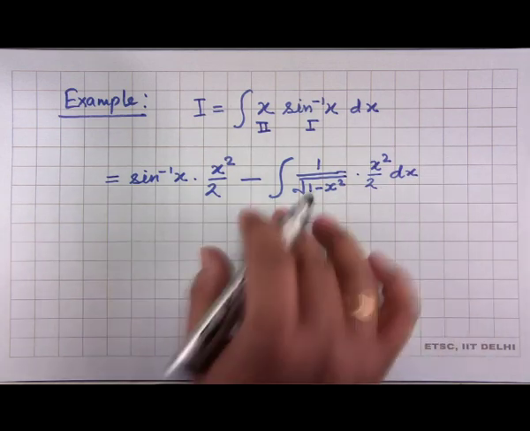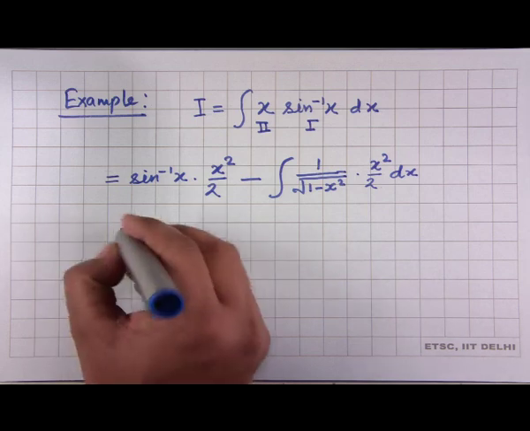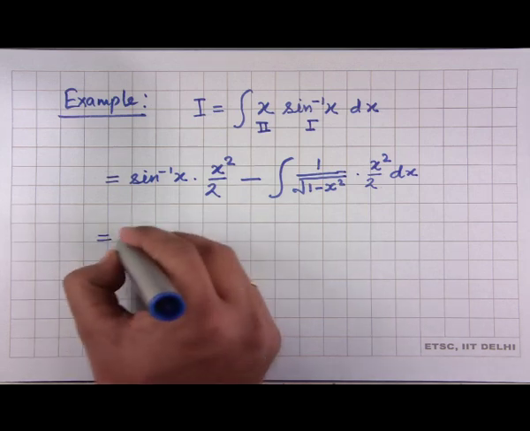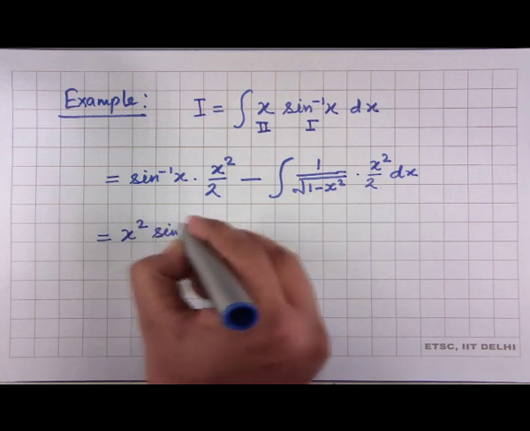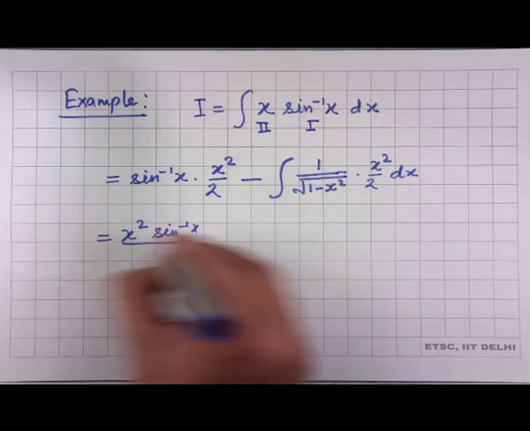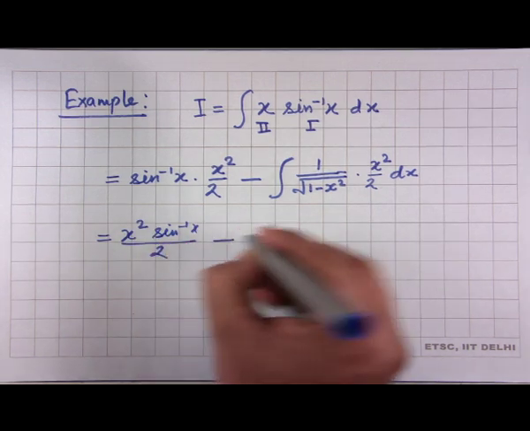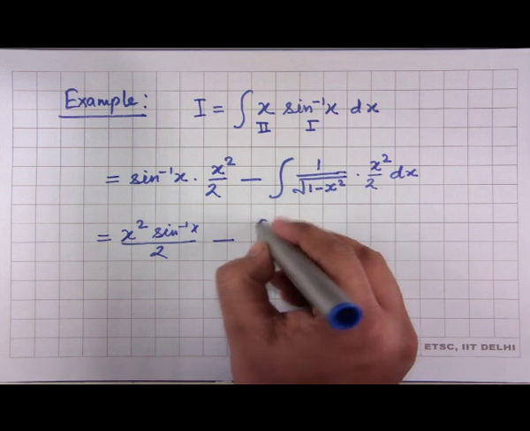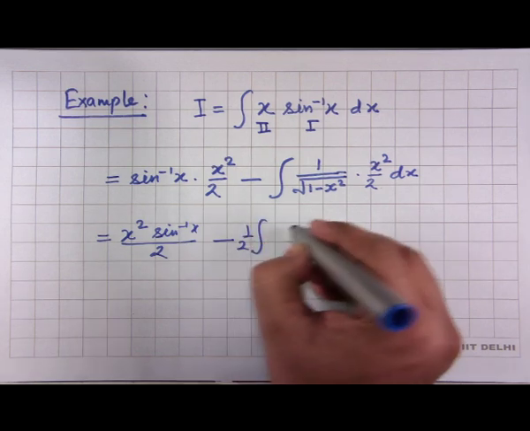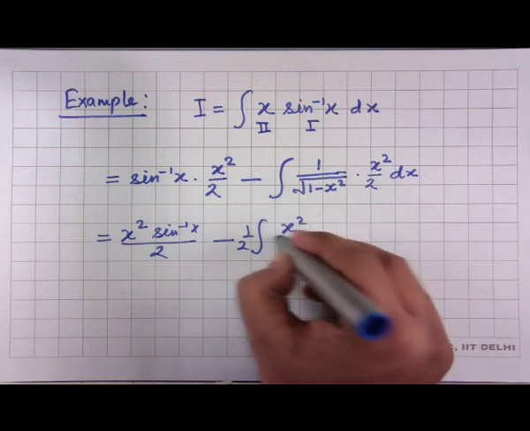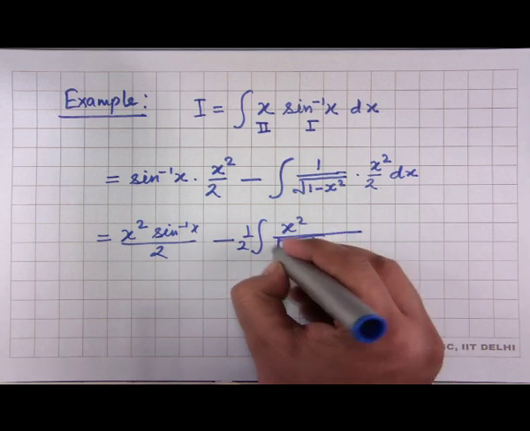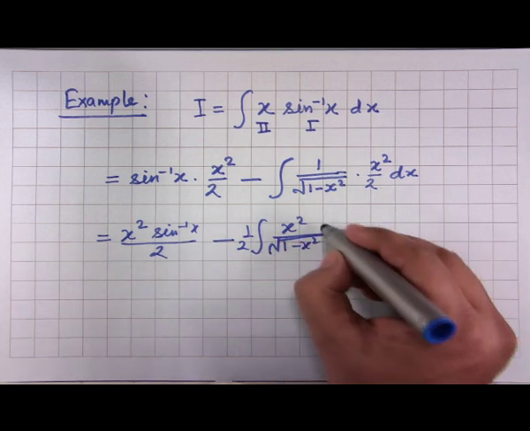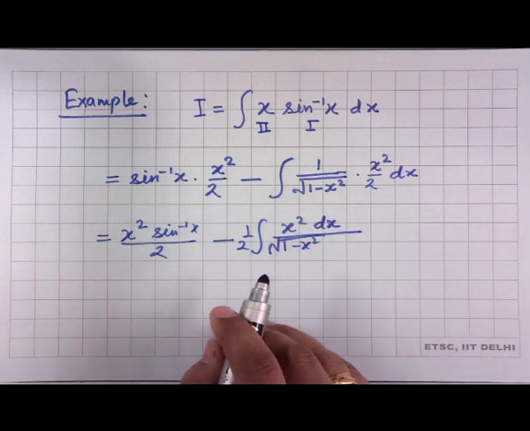So, this leads to the integration x square sin inverse x by 2 minus 1 by 2 x square over square root of 1 minus x square dx.